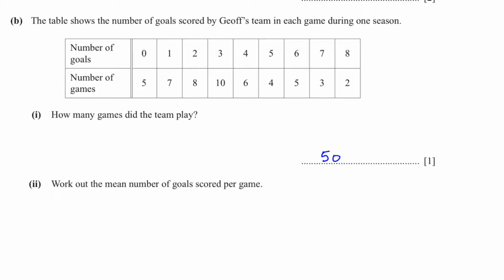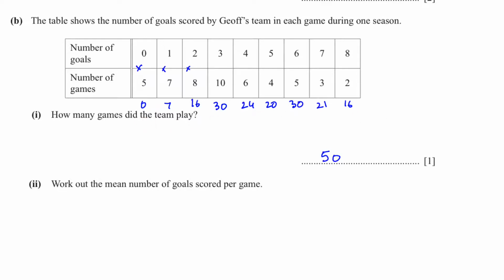B2. Work out the mean number of goals scored per game. To find the mean of data like this, we have to multiply the number of goals with the number of games. 0 multiplied by 5, 0. 1 multiplied by 7, 7. 2 multiplied by 8, 16. And this is what we will get.